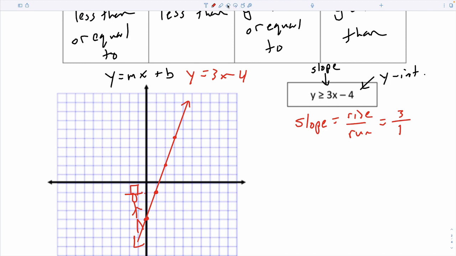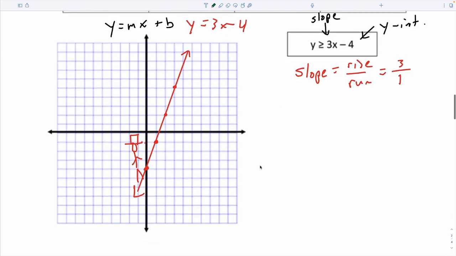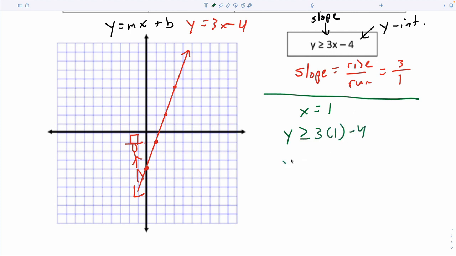Here's the difference. When you have an x value that is 1, let's just play around with this and see what x equals 1 would look like. Y is greater than or equal to 3 times 1 minus 4.